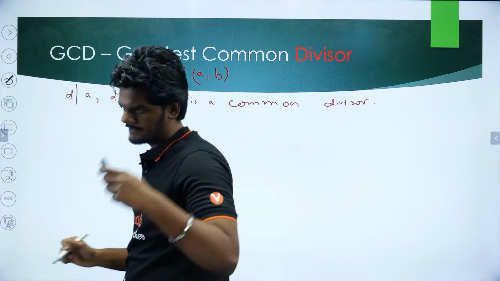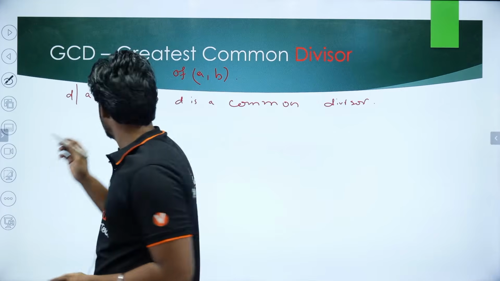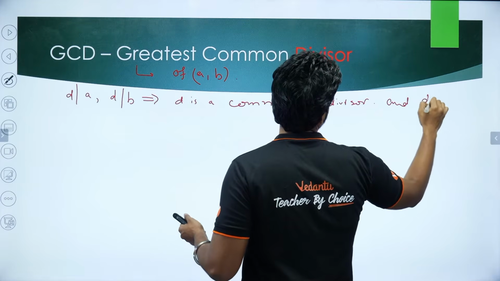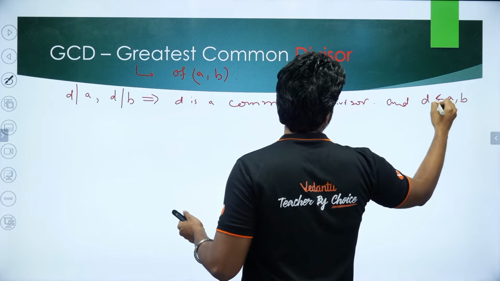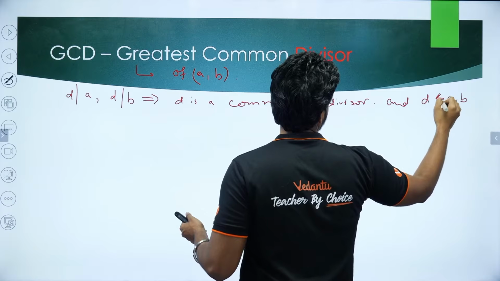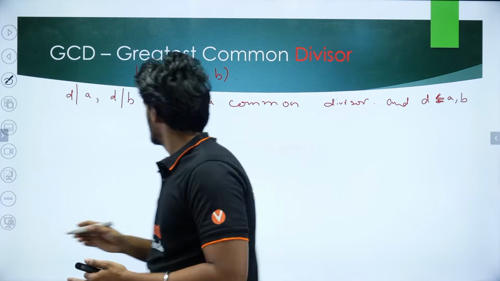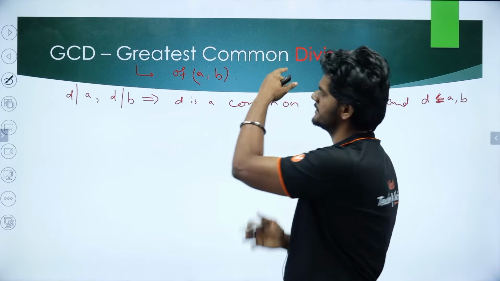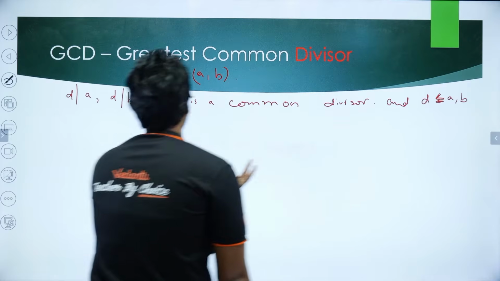Yes, if D divides A and divides B, then it is a common divisor, and naturally D would be smaller than A and B. So the greatest of such common divisors will be a unique one.